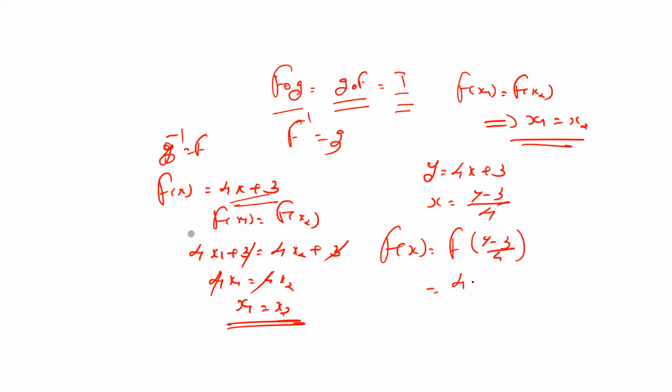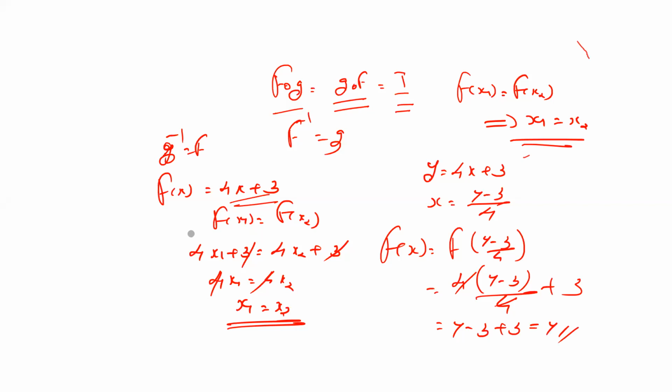So 4 into y minus 3 by 4 plus 3. 4, 4 cancel. So y minus 3 plus 3. So what is the answer? y. So f of x is equal to y. So for every y in the codomain, there exists one x such that f of x is equal to y. So what can you say? The function is onto.